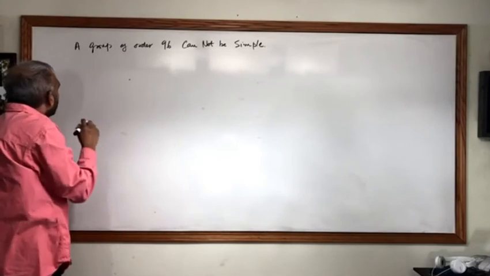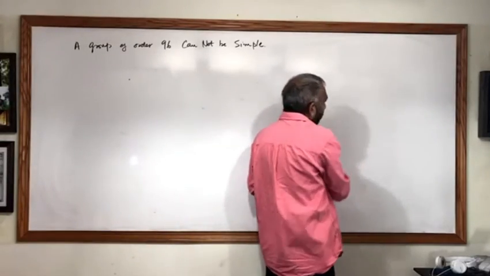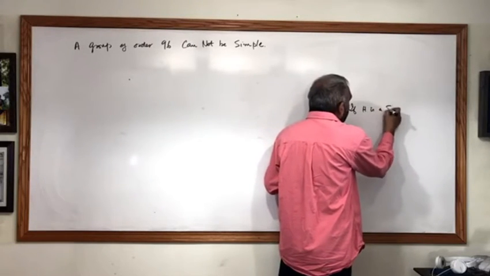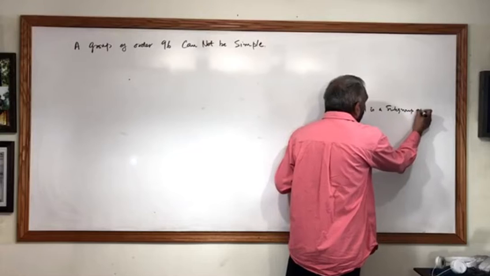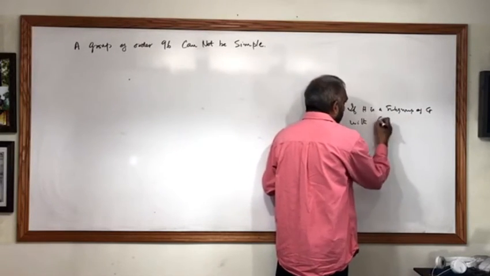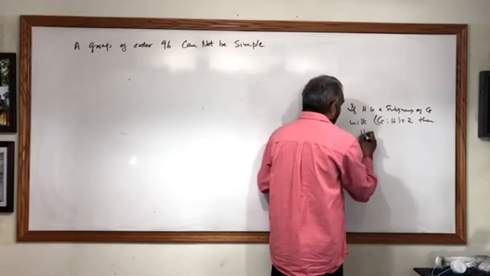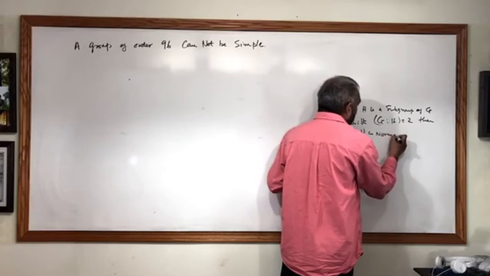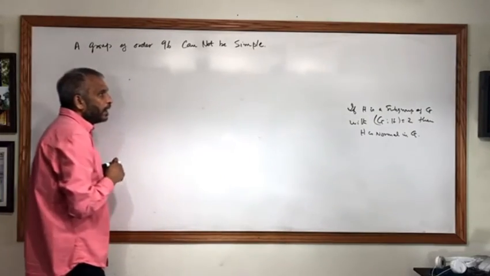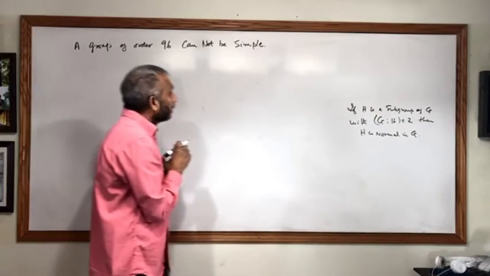So before we come to the proof of this, one result we are going to use from the earlier sessions: if H is a subgroup of G with index equal to 2, then H is normal in G. This is because the left cosets and right cosets are going to be identical.